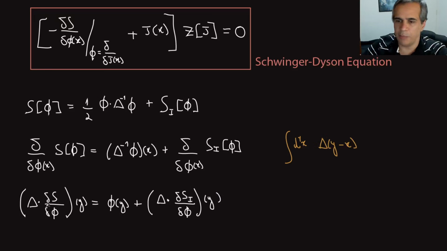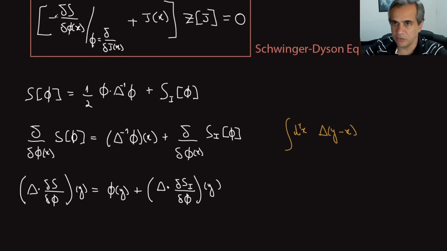Now I want to go back to that equation. But in order to do that, I also apply this to both sides of this equation. So I can just substitute this here, and I get delta j here. So let me write that. There's a minus sign there.